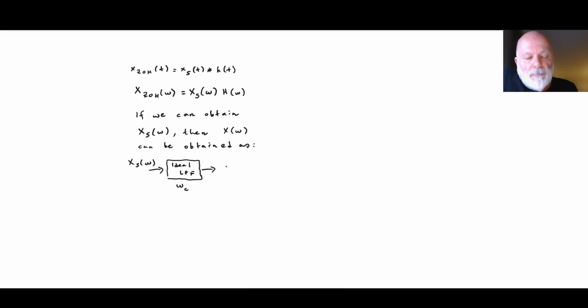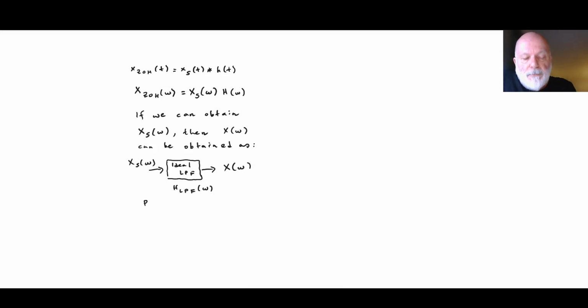In fact, let us show the impulse response or frequency response of this ideal low-pass filter by H_LPF of omega. We are going to obtain X of omega.